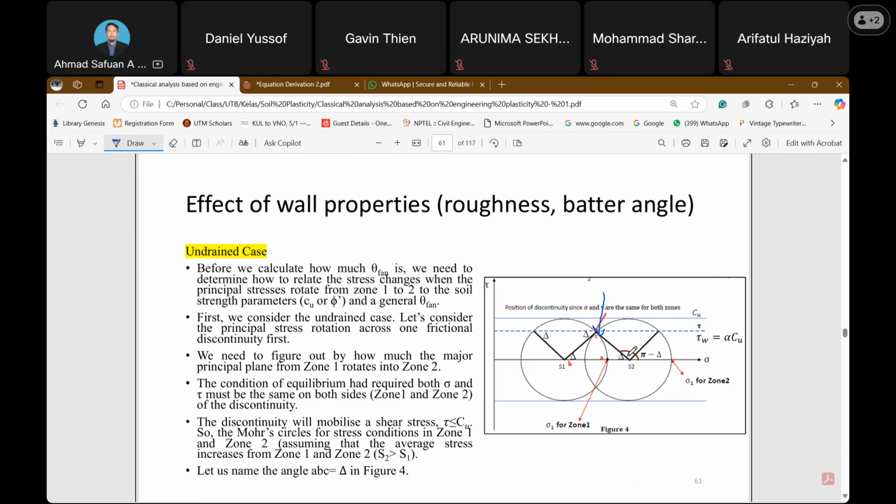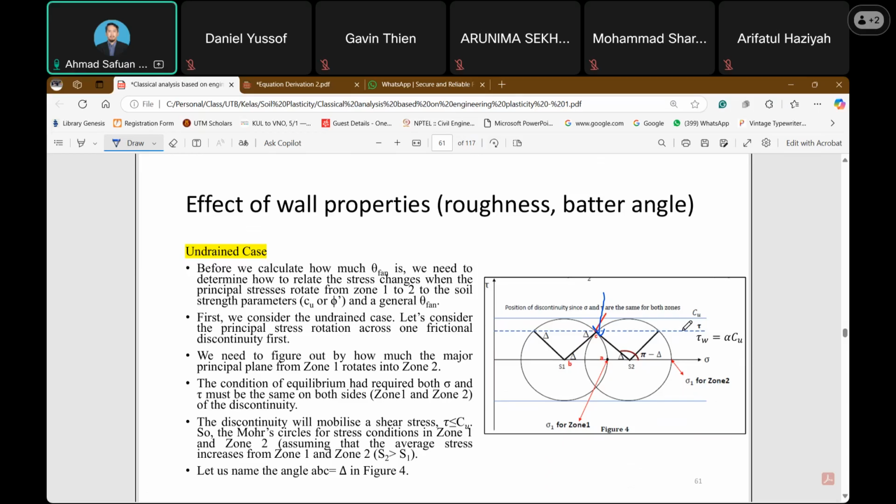Since the position of the discontinuity is located at the intersection between S1 and S2, the tau is located at the intersection value line.